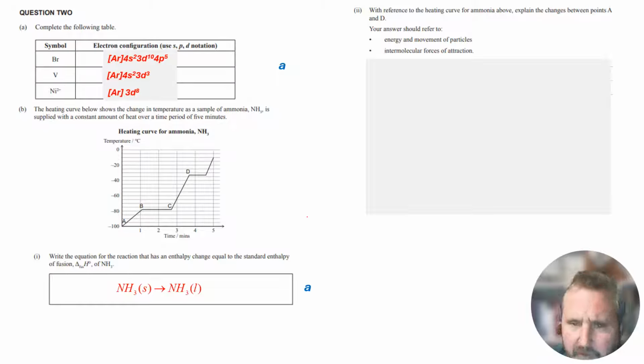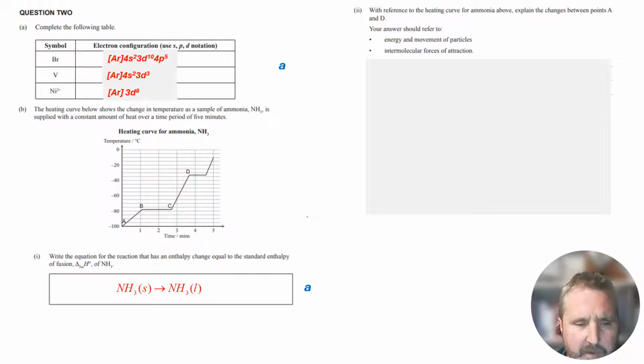Okay, with reference to the heating curve, explain the changes between A and D. Your answer should refer to the energy and movement of particles and intermolecular forces of attraction. Oh, that's nice they've given that to us. To make this easier to do, we should talk about the section A to B, B to C, and C to D. So we're not just saying from A to D, but we're taking each section in.